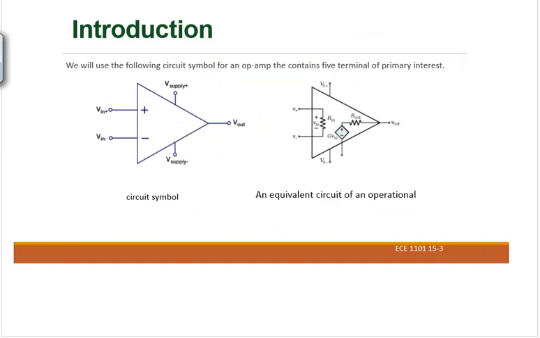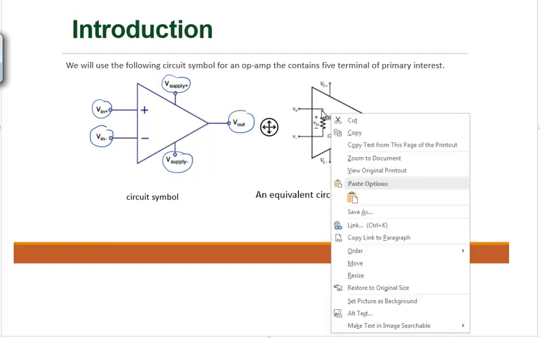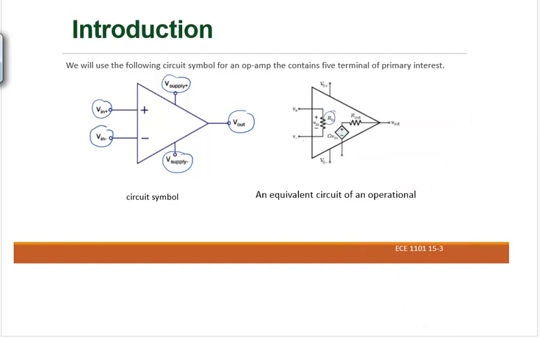Okay, one more time. In the typical sample circuit of an operational amplifier, we have V in, negative and positive, and supplies, negative and positive. Then we have the output. If you look at the equivalent circuit, we have a resistance value between the two inputs, and an output resistance value at the output.